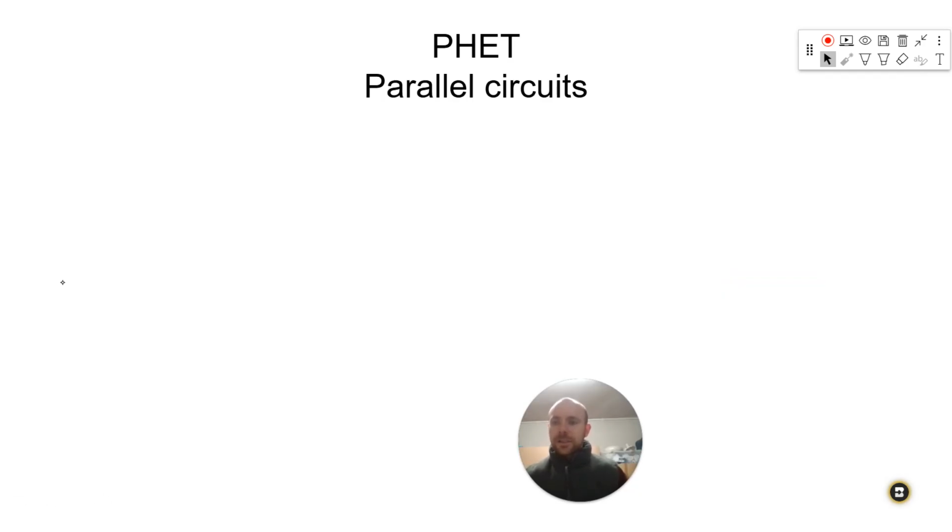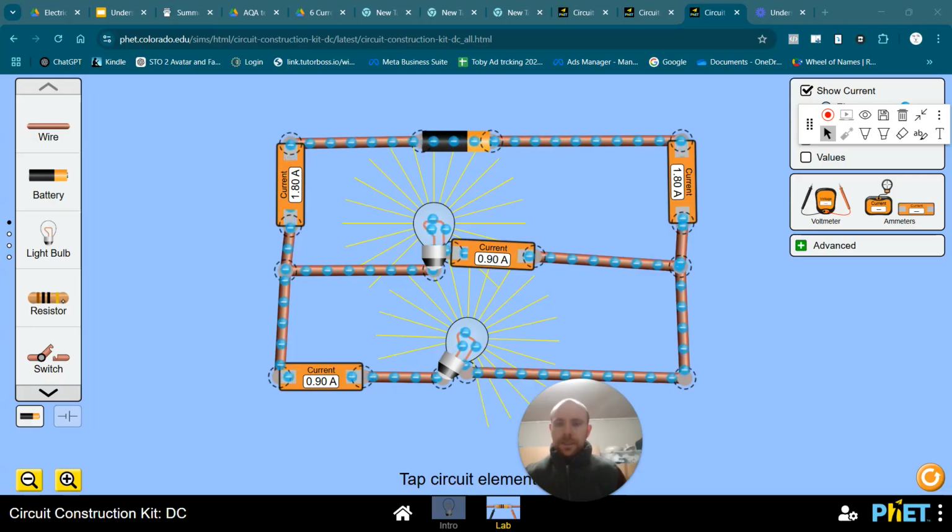Now we're going to look at parallel circuits. Again, I've made this parallel circuit here. It starts to get quite complicated, but you can see here the currents. I've actually added 4 ammeters here, and it starts to look a little bit complicated to see what's going on.